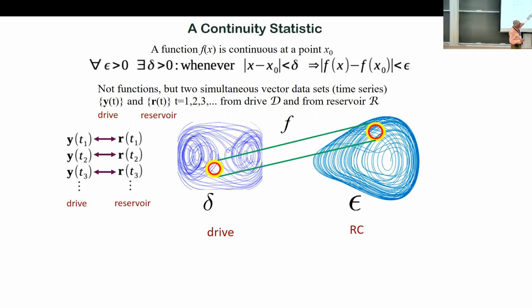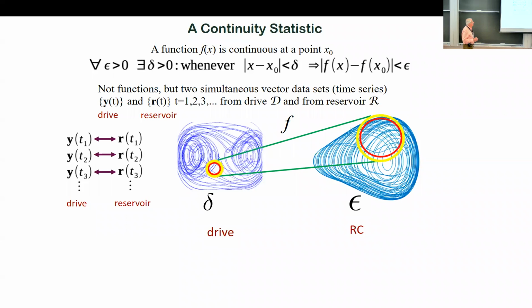So we're going to basically say, okay, let's look at a set of points on the function range and see if there's a delta that will map into that small set of points. And if it maps into a big set of points, we're going to say, well, that's not much chance there's continuity. So it's like the continuity definition, but in terms of statistics, you keep shrinking that epsilon down and seeing if you can find a delta which will make it work.